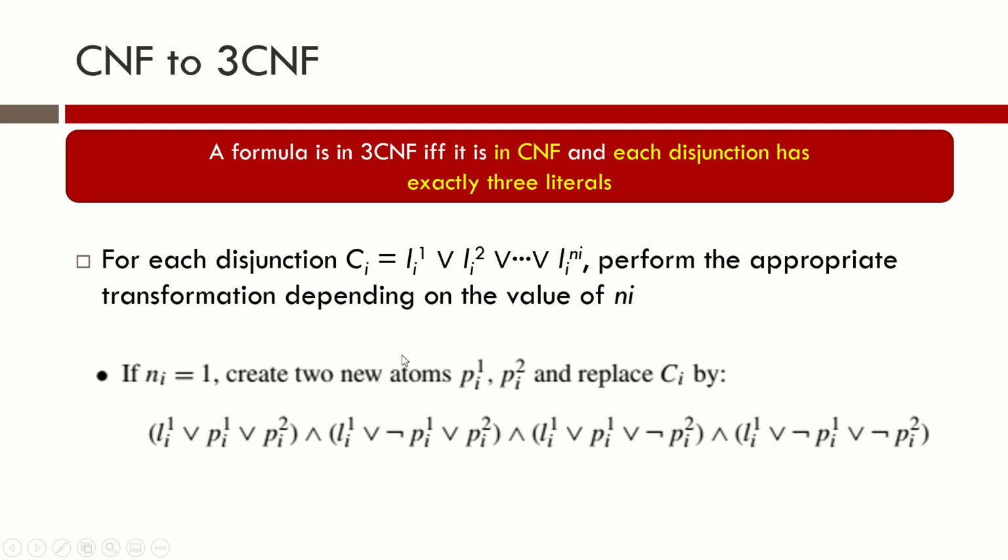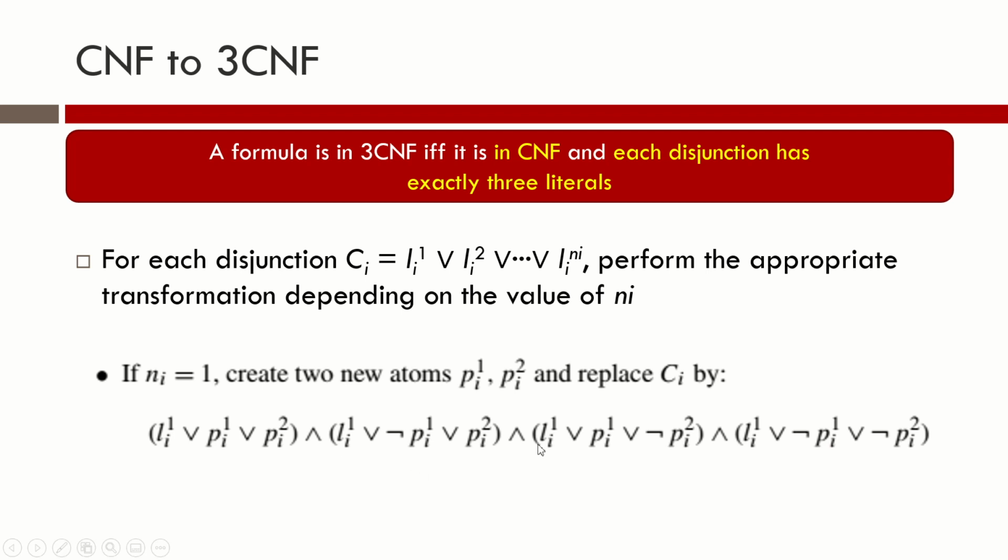You have only one literal in the disjunction, which is Li1, and we are transforming it into this form. Here you can see that every disjunction has 3 literals.